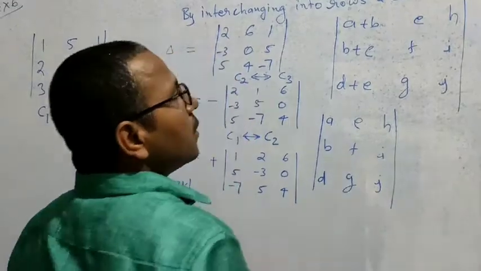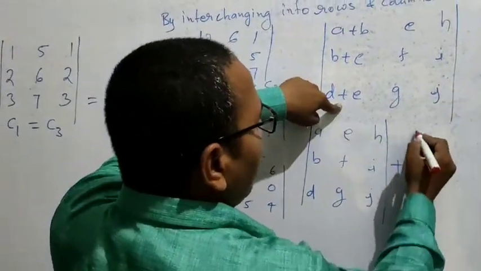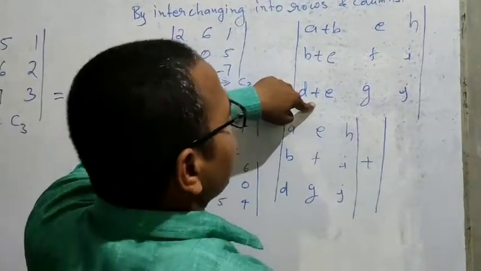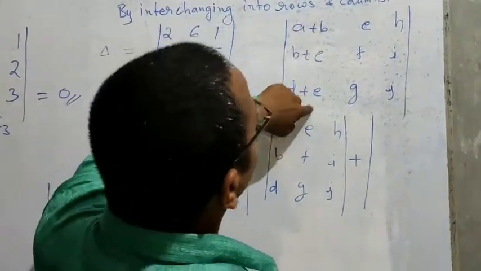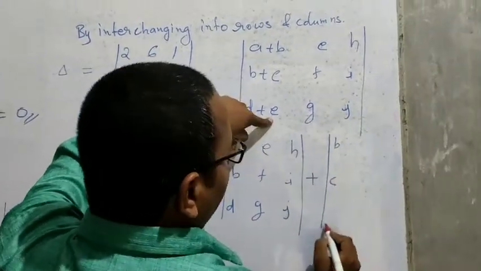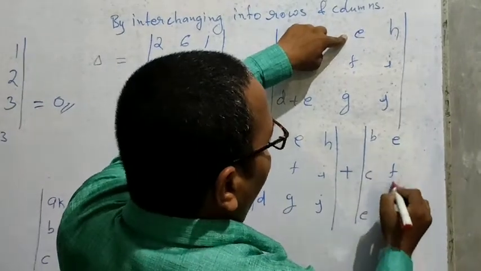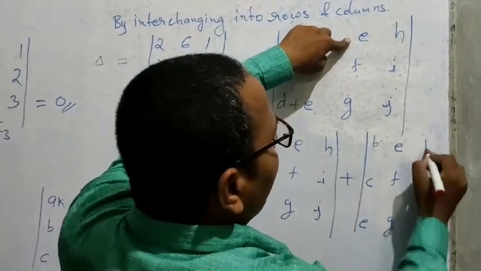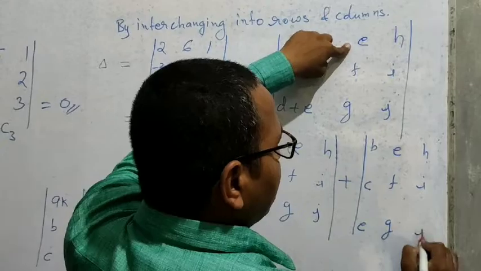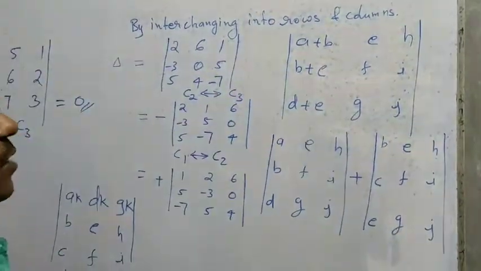So now, using this addition sign, write it down in the next determinant: B, E, B, C, E, B, C, E and E, F, G, H, I, J. This is a very important property, property number 5.